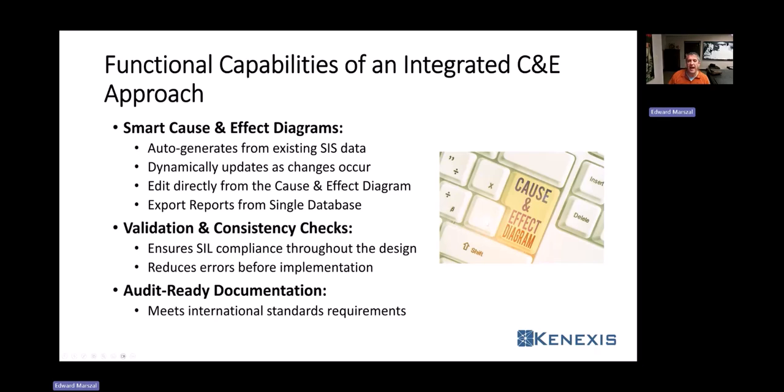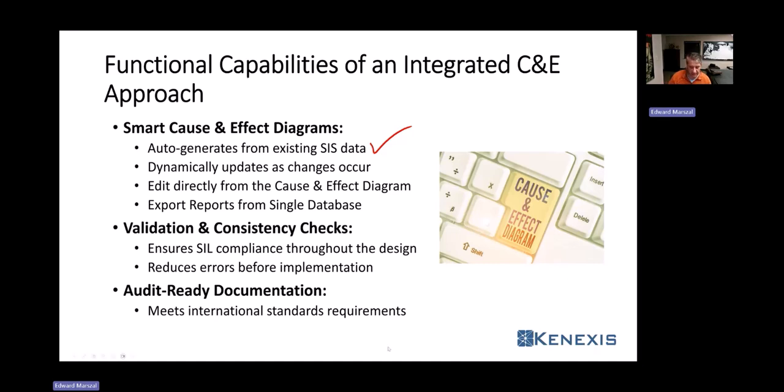So if I have smart cause and effect diagrams, what our software literally does is it's like having a cause and effect diagram button on your keyboard, because once you enter the information for the safety instrumented function, the cause and effect diagram is going to get automatically generated from the existing SIS data.